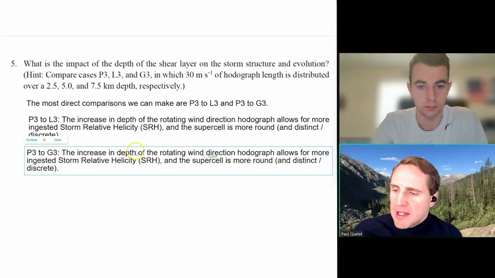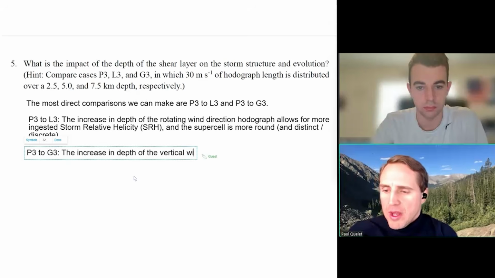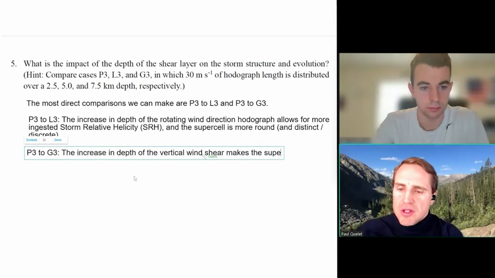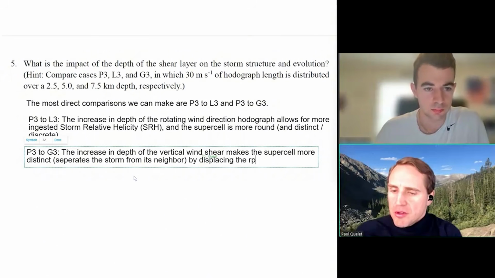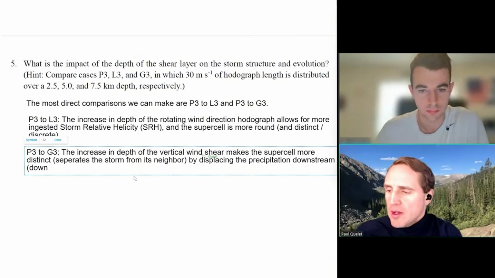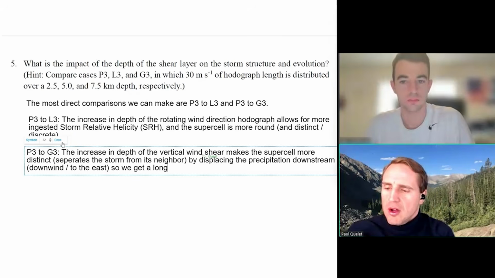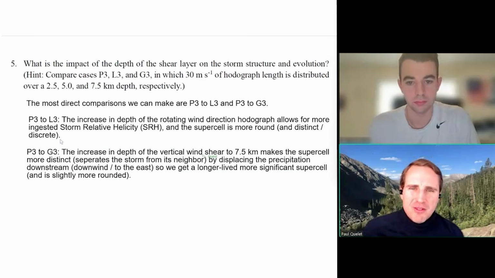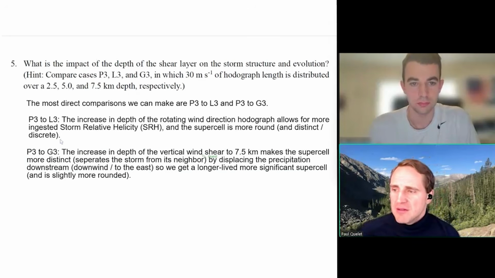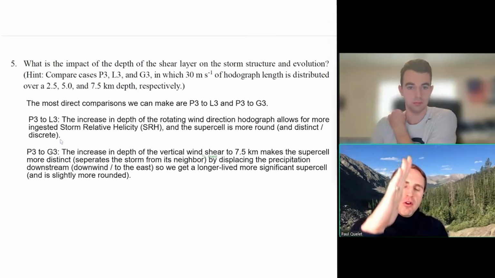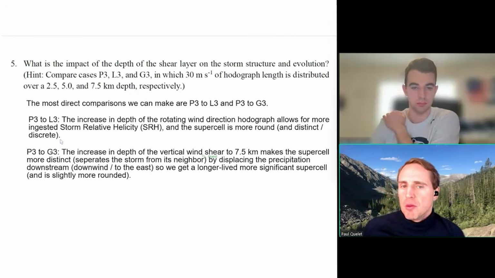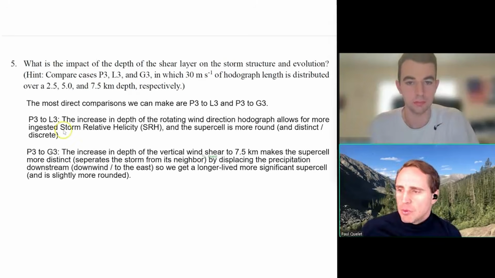So the increase in depth of the vertical wind shear makes the supercell more distinct, separates the storm from its neighbor by displacing the precipitation downstream, downwind to the east. So we get a longer lived, more significant supercell. It is slightly more round. There's no more storm relative helicity ingested when we compare P3 to G3. We just have a longer Hodograph. So we're leaning the storm over, pushing the precipitation downwind, downstream, more so over a more significant depth when we do G3.